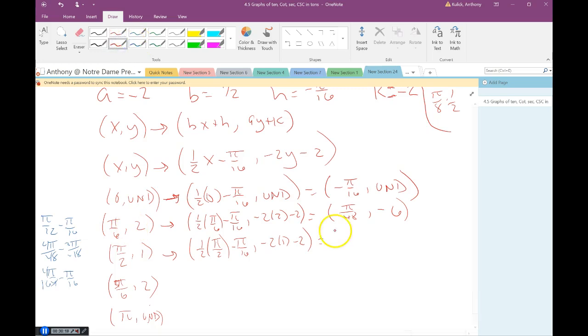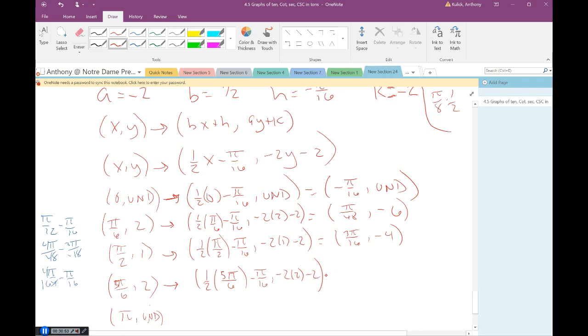So that's going to be 3 pi over 16. We okay with the fractioning? I mean, it's just kind of unfortunate numbers, but the fractioning is something we can do. Negative 2 minus 2? That's okay. Good. If you think something's up, ask the question. Nothing wrong with doing that.